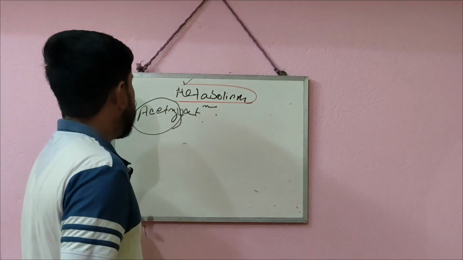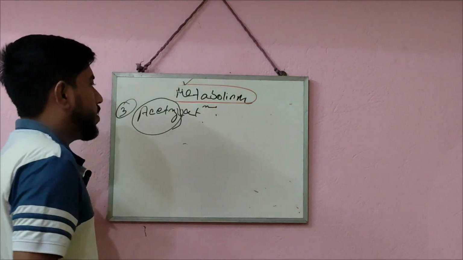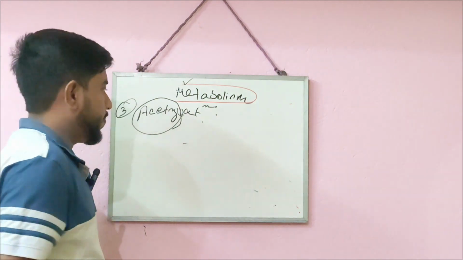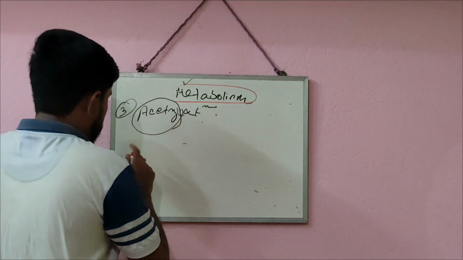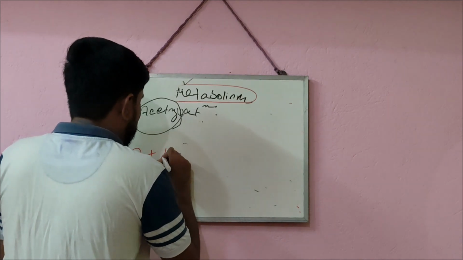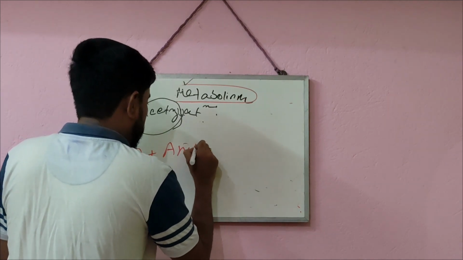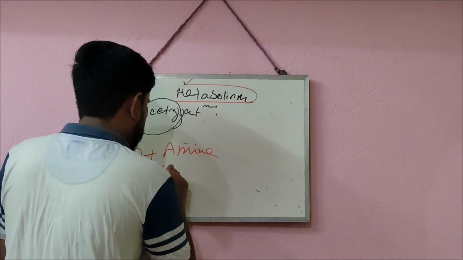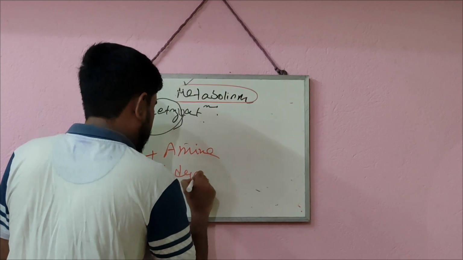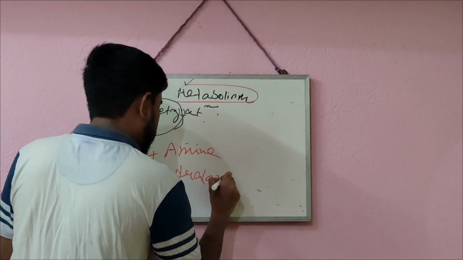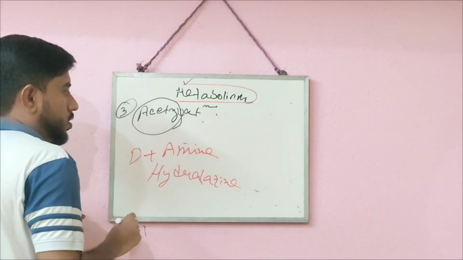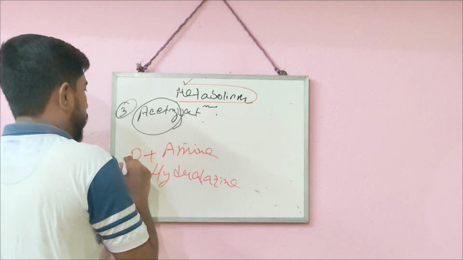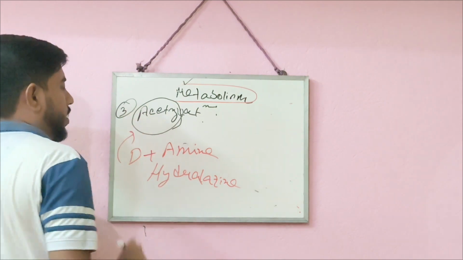So in phase 2 acetylation, different drugs will pass through that metabolism. The drugs which contain an amino group or hydrazine group will be metabolized by the acetylation reaction.